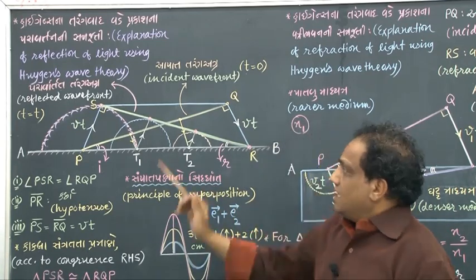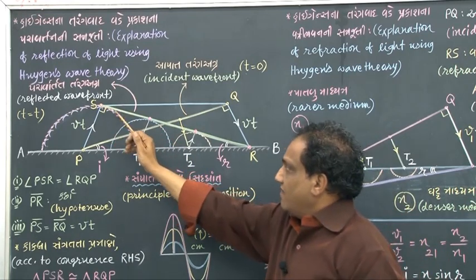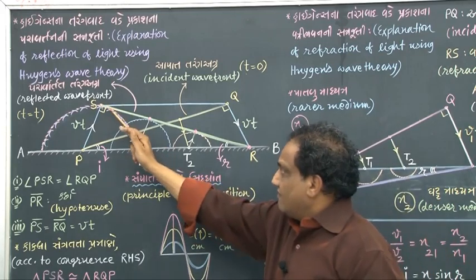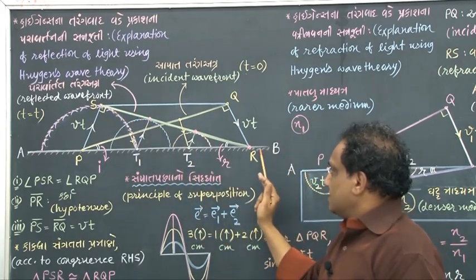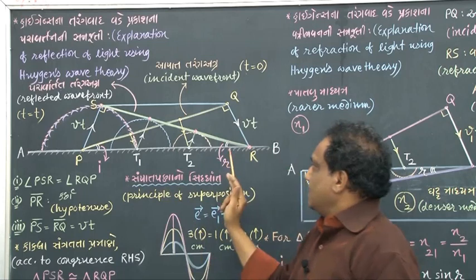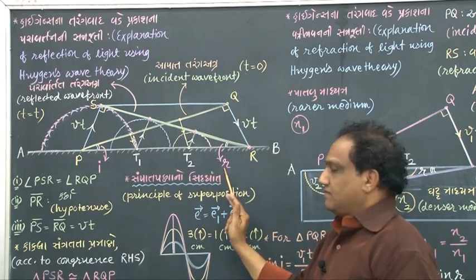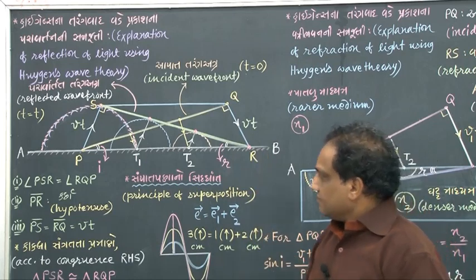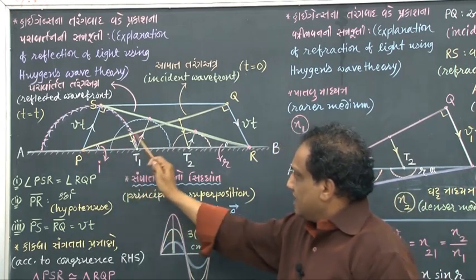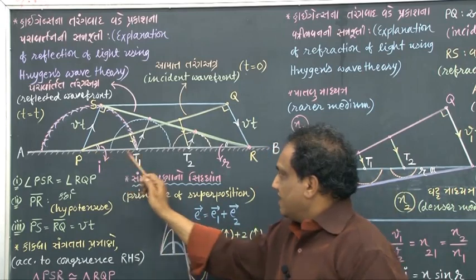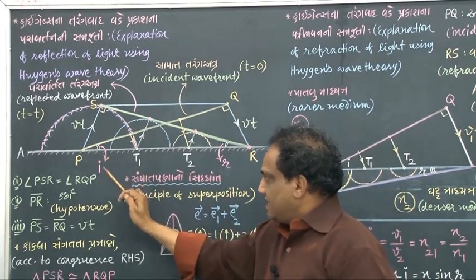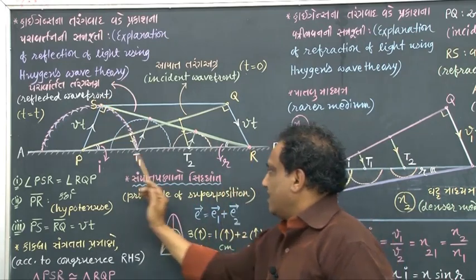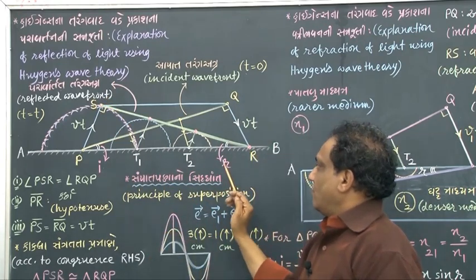Now, this is known as the reflected wavefront, and the angle made by this reflected wavefront with the reflecting face is known as the angle of reflection, shown by symbol small r. The angle made by the incident wavefront with the reflecting face is called the angle of incidence, and the angle made by the reflected wavefront with the reflecting face is called the angle of reflection.